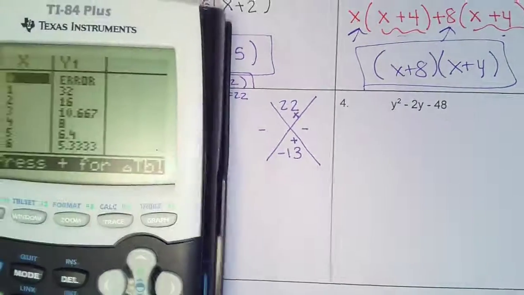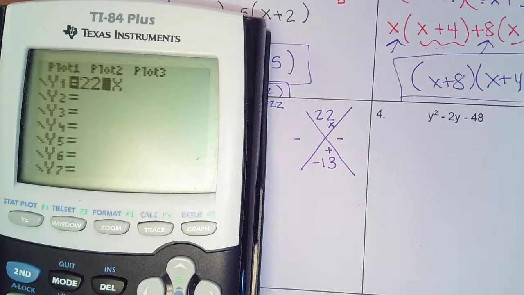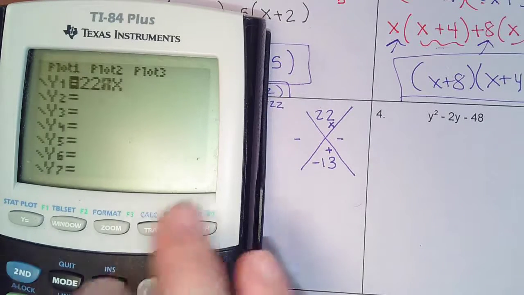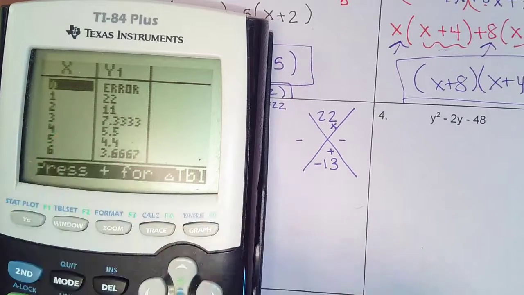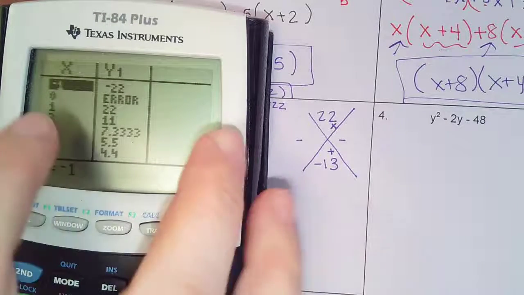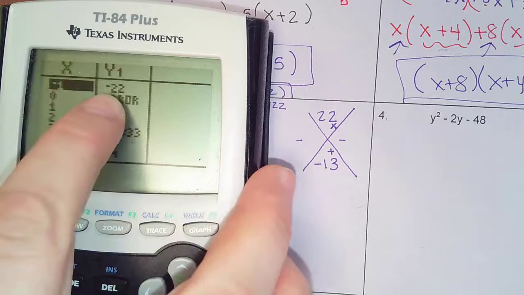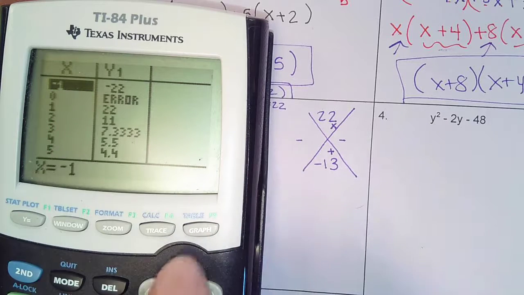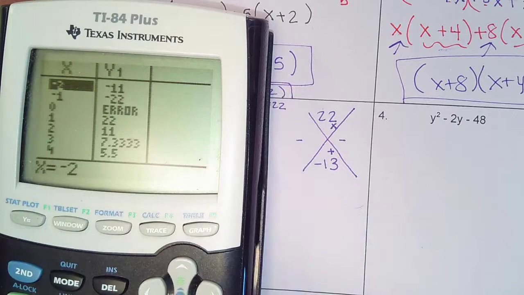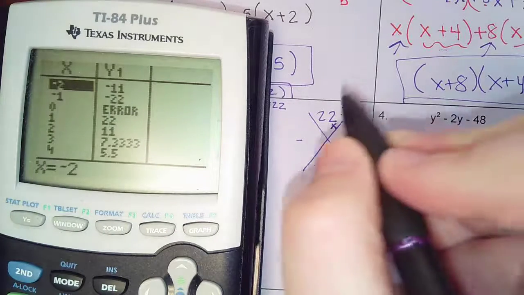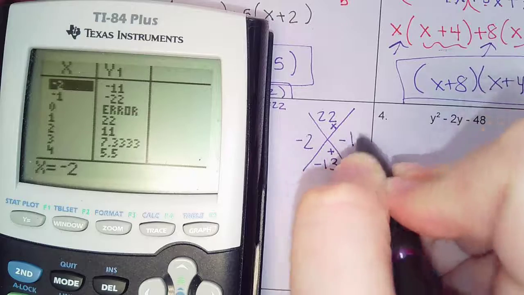So if I go to my calculator and I go y equals 22 divided by x. Second graph. 1 plus 22, well that's 23. So I'm going to arrow up to get to negative. Negative 1 plus negative 22 is negative 23. Nope. Negative 2 plus negative 11. That's negative 13. So negative 2 and negative 11.